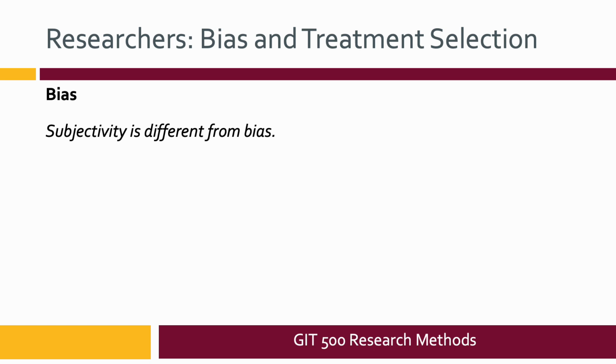Your bias can be shown in your subjectivity, but really subjectivity just means that we all have come from a different point in our lives of how we're raised, where we were raised, really our ethnicity, that kind of thing. Doesn't mean that it is necessarily wrong to be subjective.